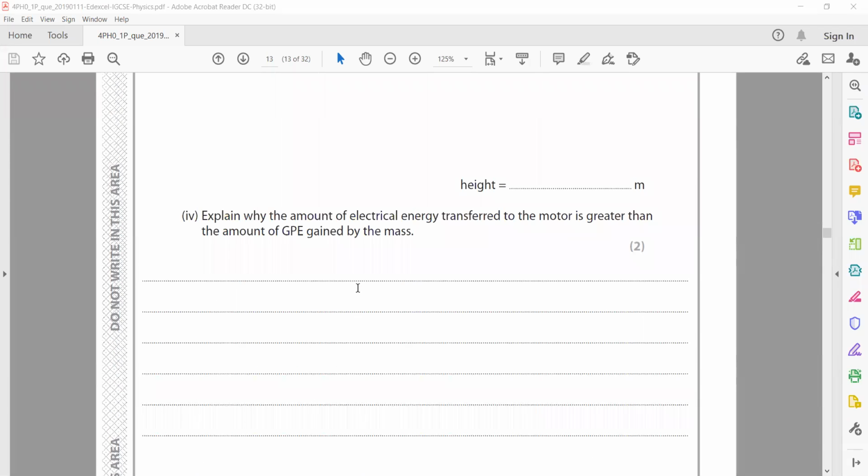Explain why the amount of electrical energy transferred to the motor is greater than the amount of weight. So normally, there is also some energy loss due to friction between the parts, energy loss in the form of heat.